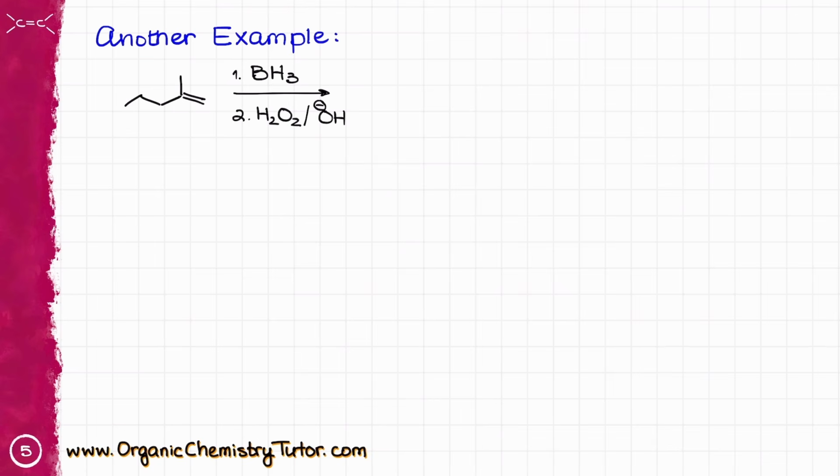Alright, how about something like that? So first step first is the addition of my boron to the double bond, making a boron containing molecule. So let's say now I'm going to end up with a molecule where my hydrogen and my boron are attacking from the front face, so they're both looking at me like that, which means that my methyl group has to be down there looking away from me.